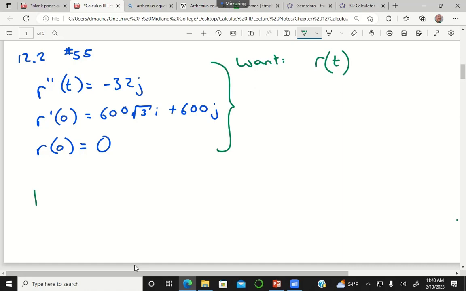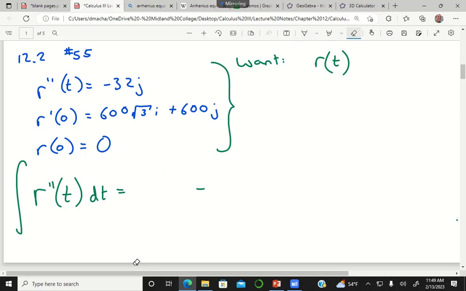So if I start with r double prime of t, right, and then I take the antiderivative of this, I should get r prime of t plus or minus some kind of constant, and that's a constant vector, right? I can add a constant to any of the x, y, z components.